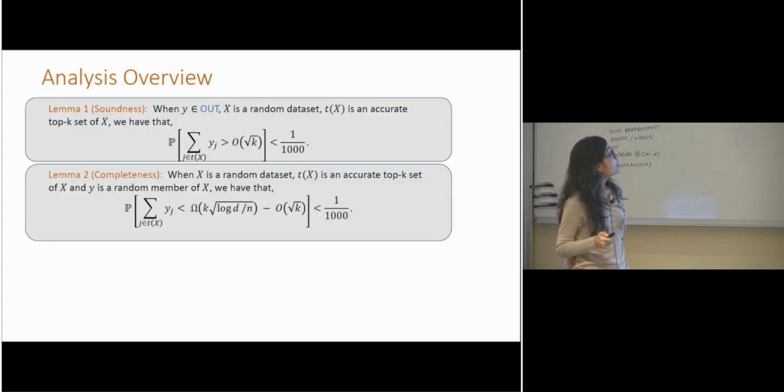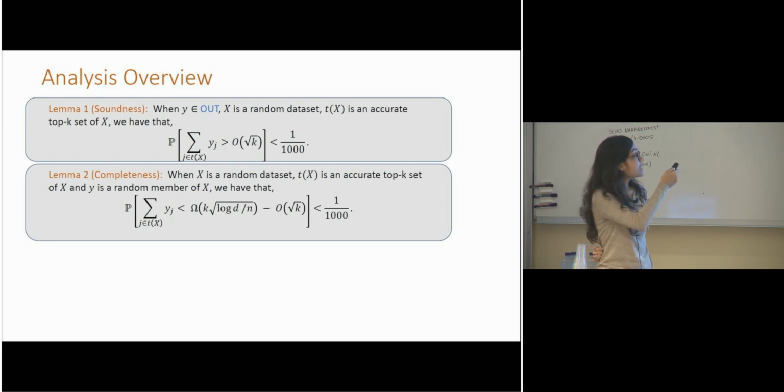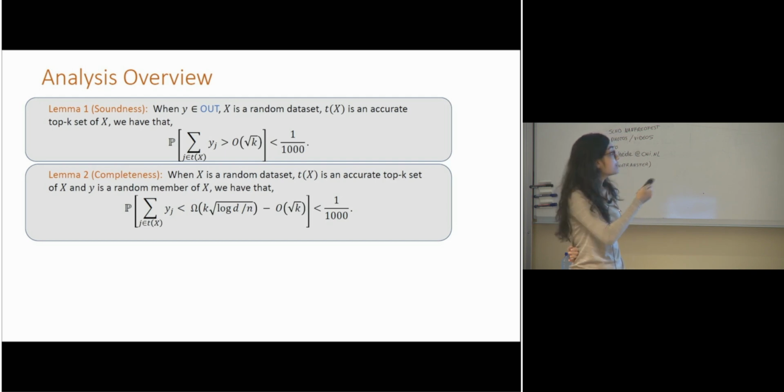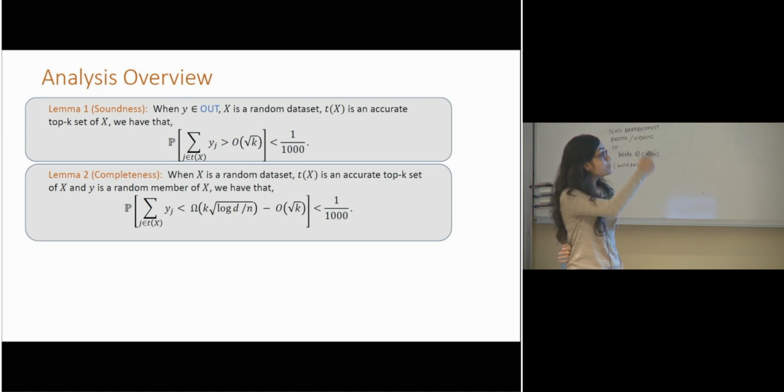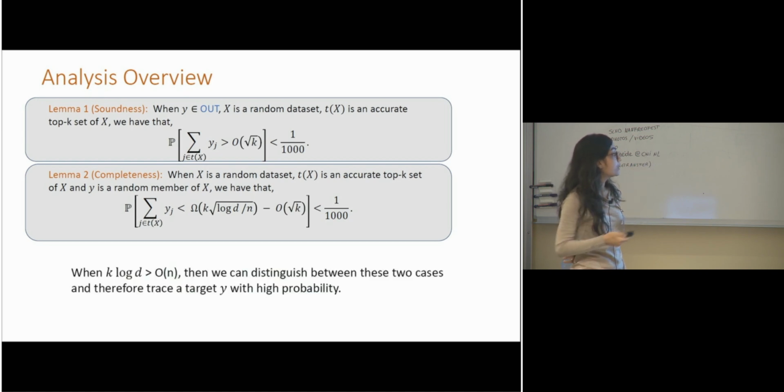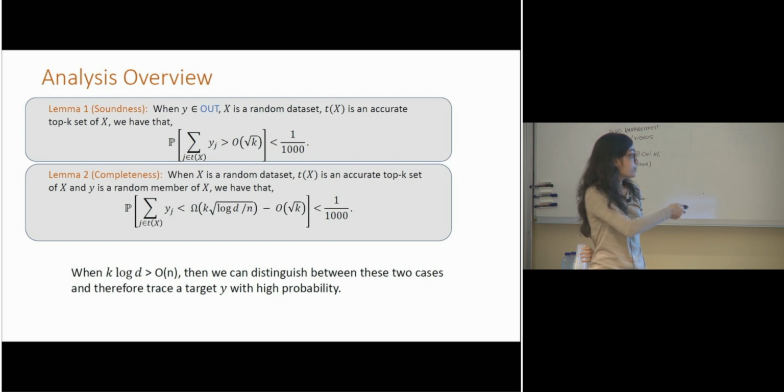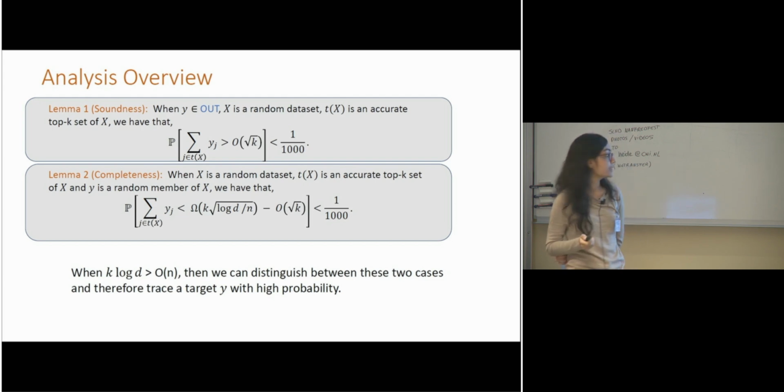So we have these two statements: when Y is out, the sum is below this threshold, and when Y is inside the data set, it's above this threshold with high probability. And you can actually distinguish between these two cases when the second expression is larger than the first expression, which boils down to k log D being bigger than order of n.